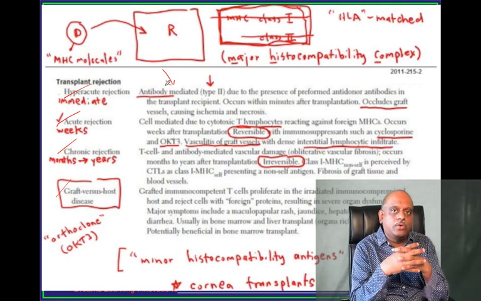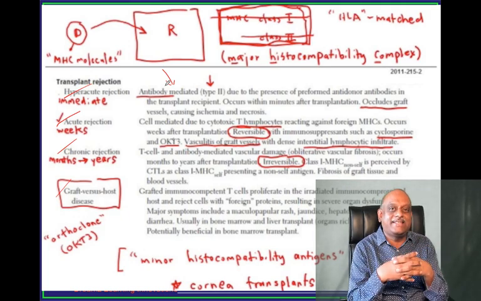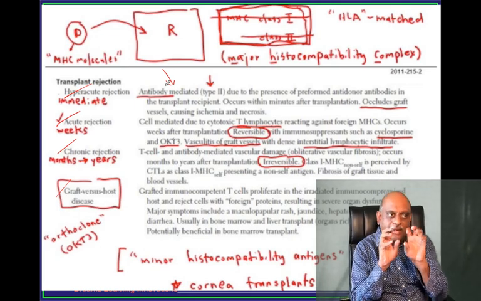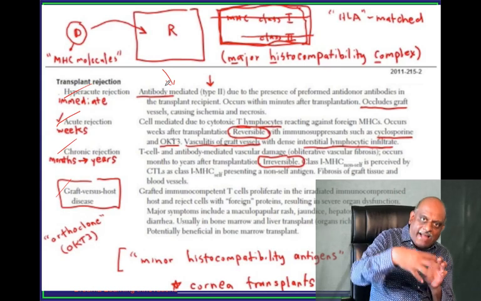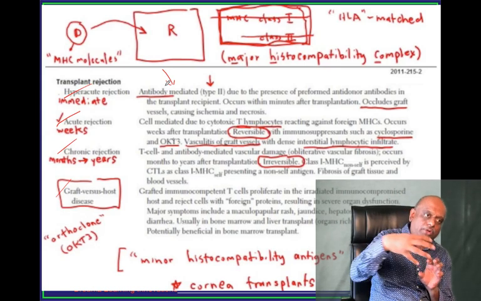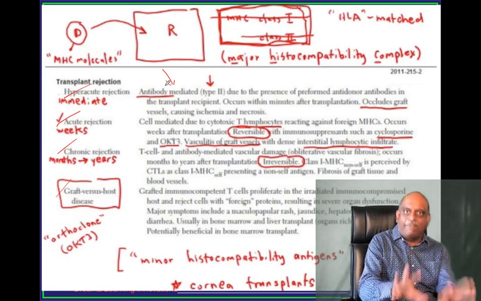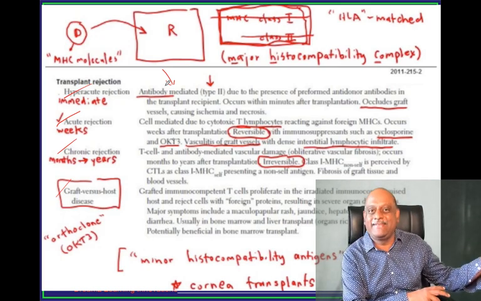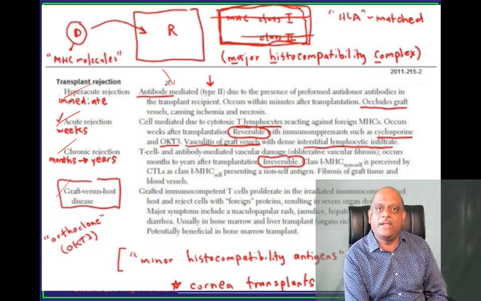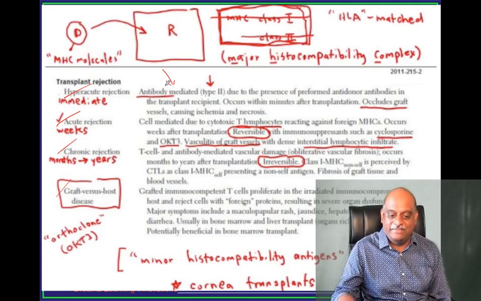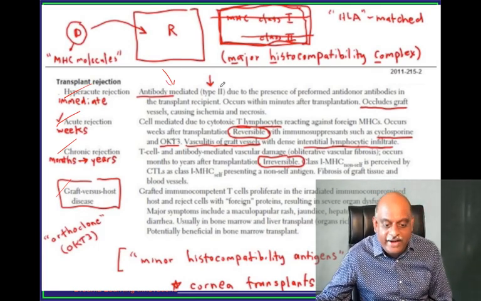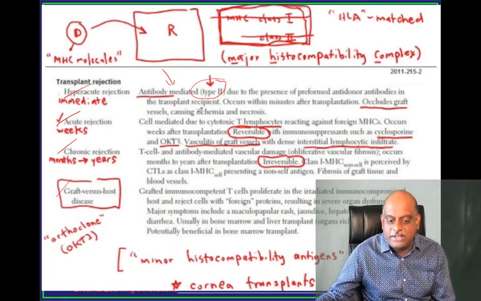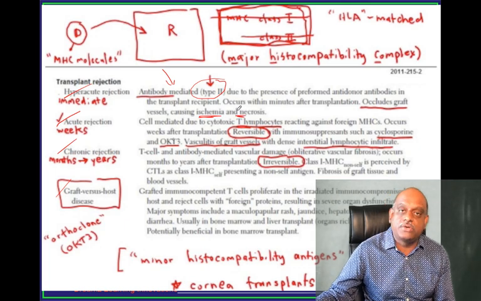All that will lead to allosensitization, and that leads to a lot of antibodies inside his body, ready. Then if you put the graft, the graft will be immediately attacked by the preformed antibodies. That is called hyperacute rejection. It is antibody mediated, type 2, preformed antibodies. It occludes the blood vessels and leads to ischemic necrosis.